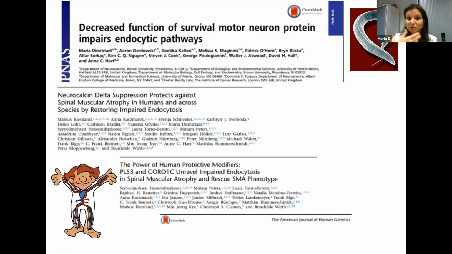So to me, it was exciting to see how something that was said by the worms back in 2010 was followed up by C. elegans scientists, and then independently, the Wirth lab identified a modifier gene called NCALD. Later on, they also published more work on plastin and coronin, and they pinpointed again endocytosis that seems to be important for SMA pathogenesis.